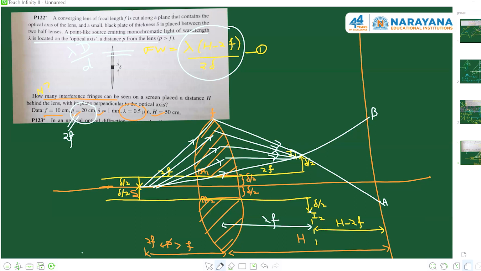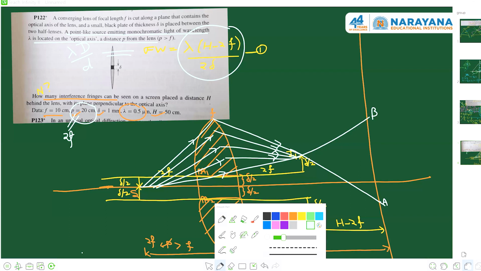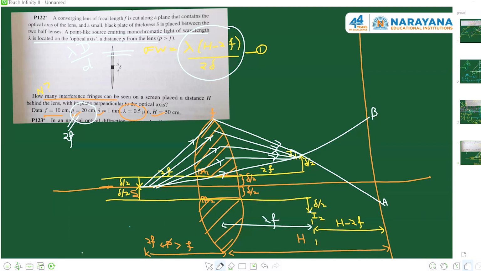So this segment of the screen is exposed by the waves which are coming from one of the point sources, one of the lenses. And symmetrically, I will find out those rays which will reach the other point. And then I will try to find out that common segment.